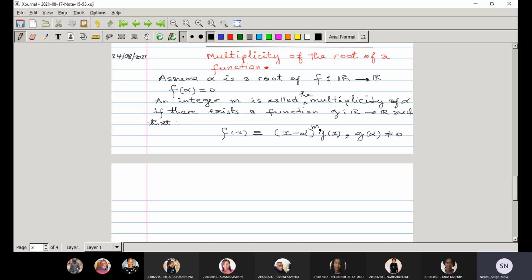This will still be true if I take a multiple of m, but the exponent that you get will be larger than m. So that m might not be the multiplicity; it might be a multiple of the multiplicity. To make sure that it is the multiplicity, it has to be the smallest such that this is true.